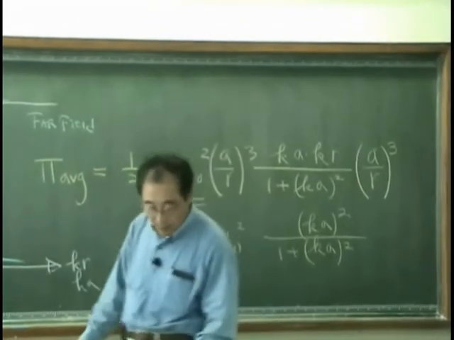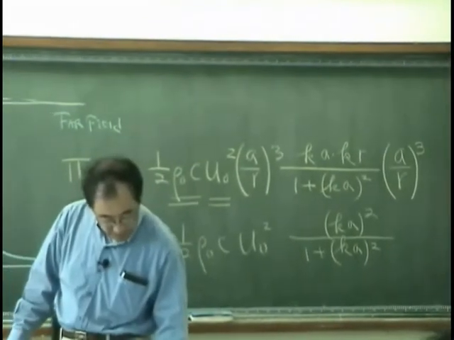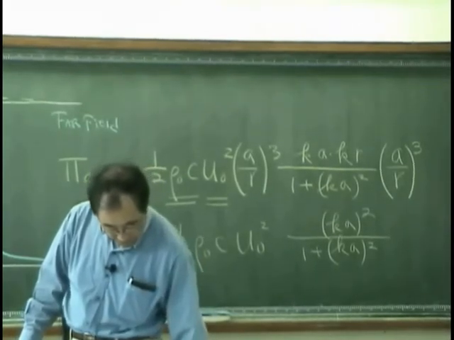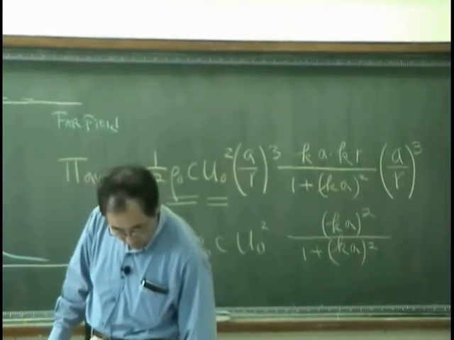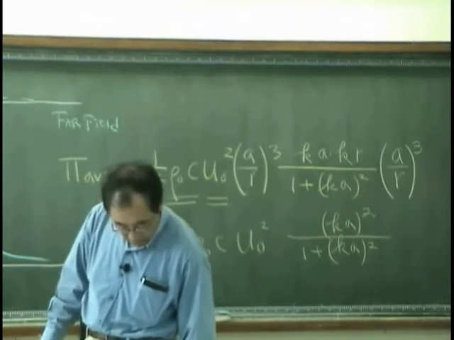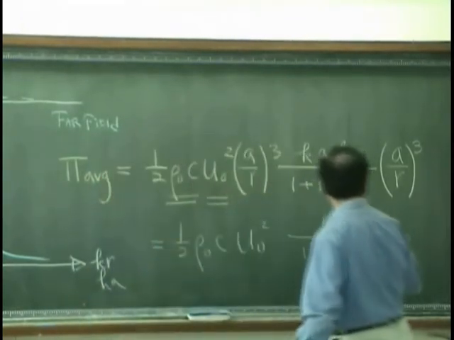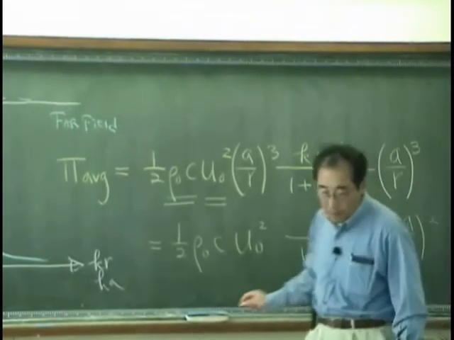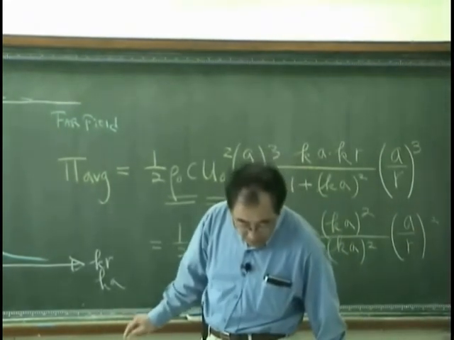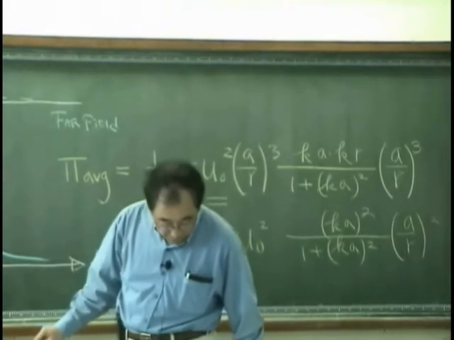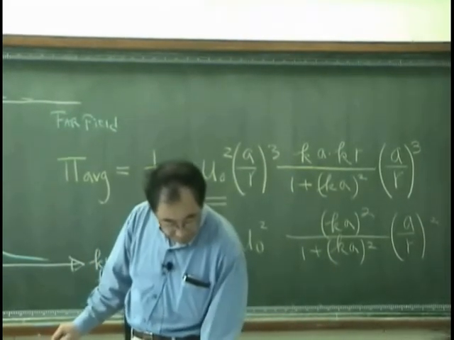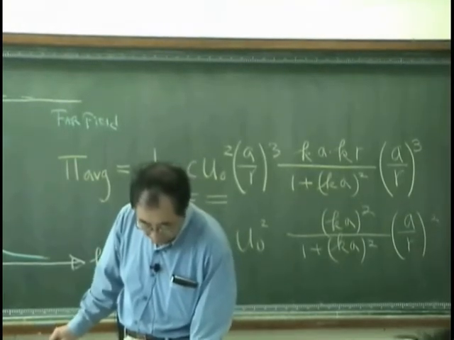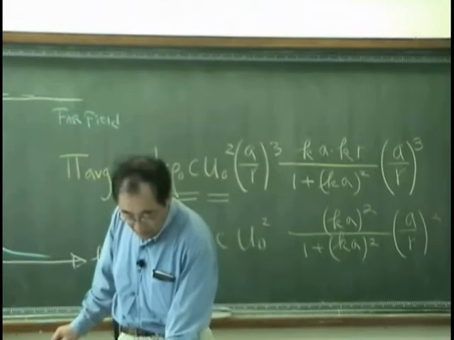Is it correct? A over R. And then A over R square. Okay.